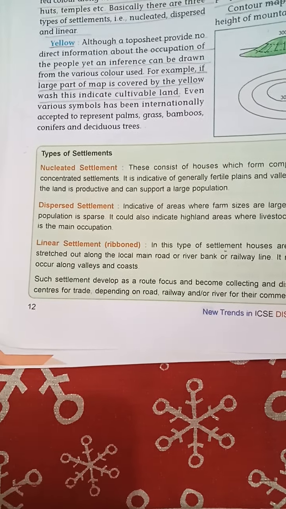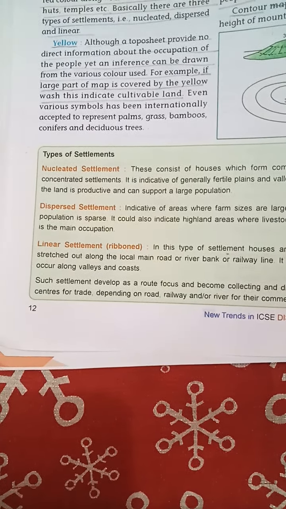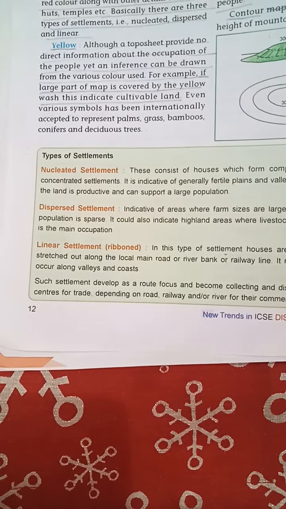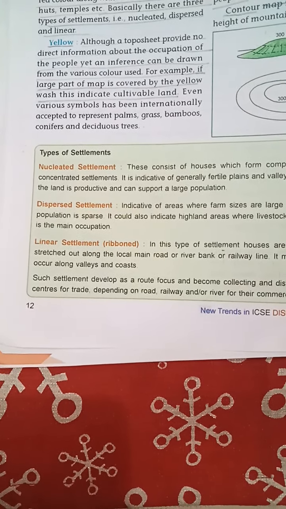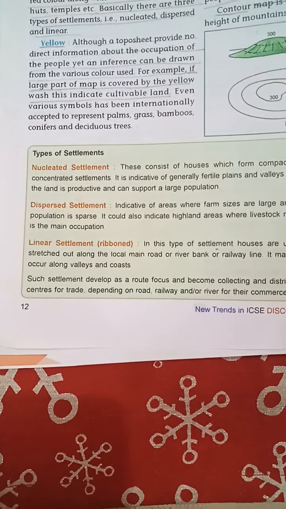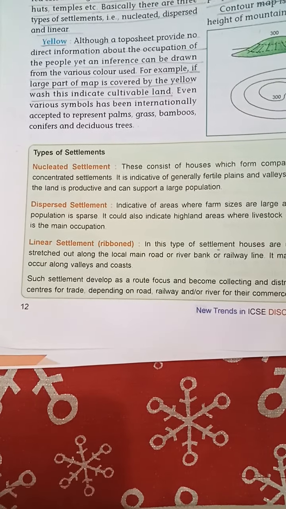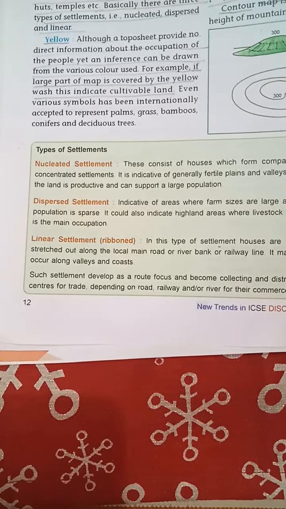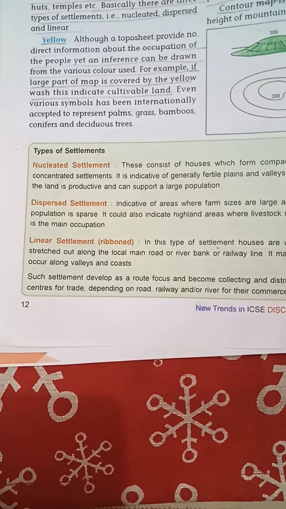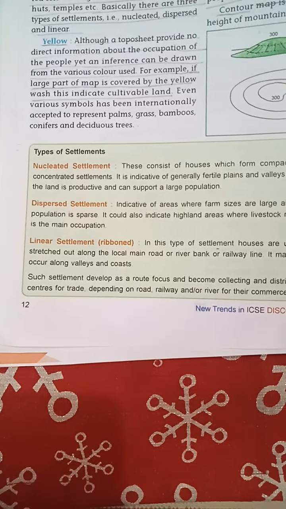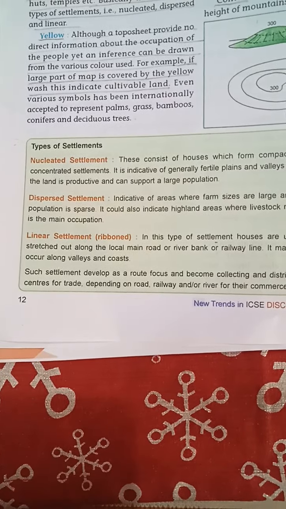The nucleated settlement. These consist of houses which form compact and concentrated settlements. It is indicative of generally fertile plains and valleys where the land is productive and can support a large population.